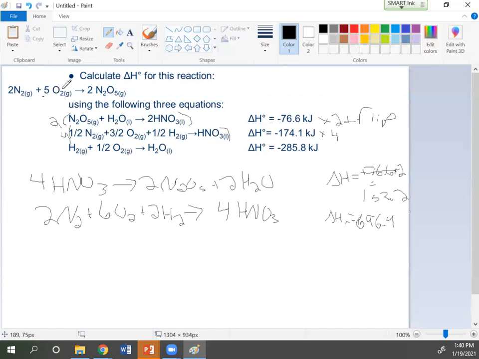Here's my question. Does H2O appear in the overall equation? So you know it has to cancel out, don't you? We know that H2O is on the products in step 1, don't we? So to get it to cancel out, we need it in the reactants, so we have to flip it.